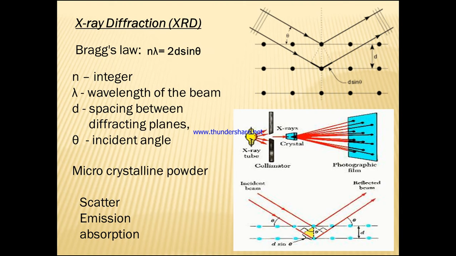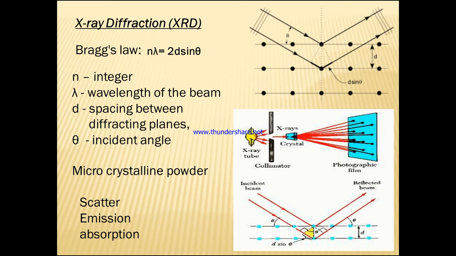After hitting or passing through the crystal, the rays will be deflected or refracted to get the photographic film of the images. So that is what we have in X-ray diffraction here.